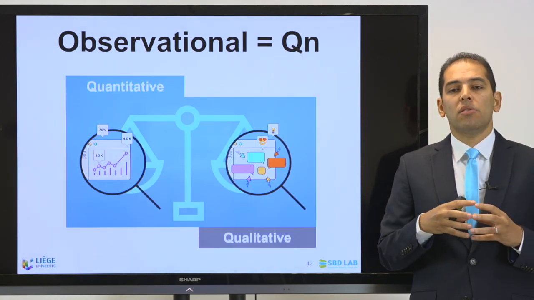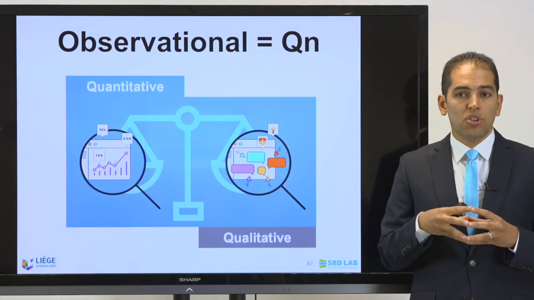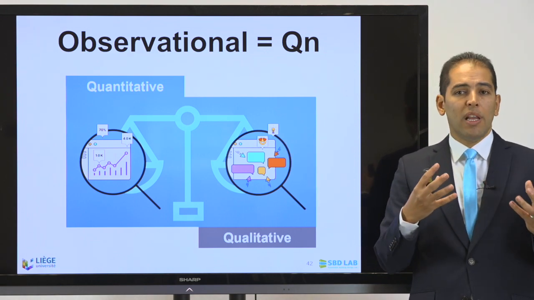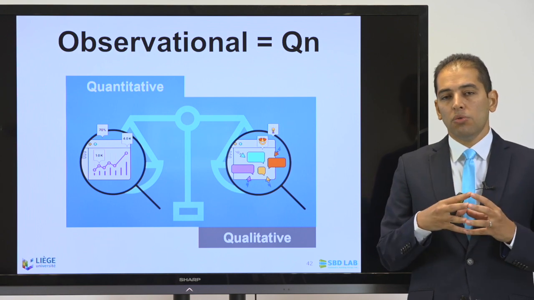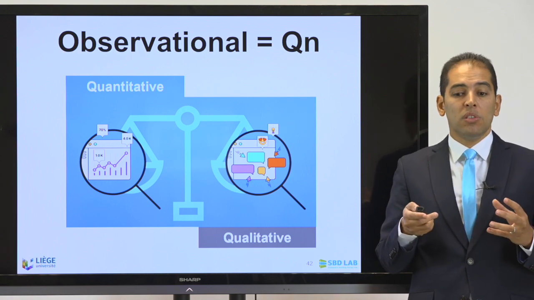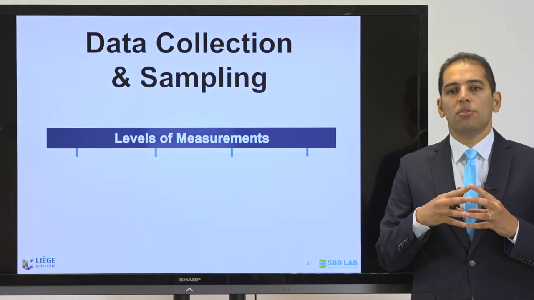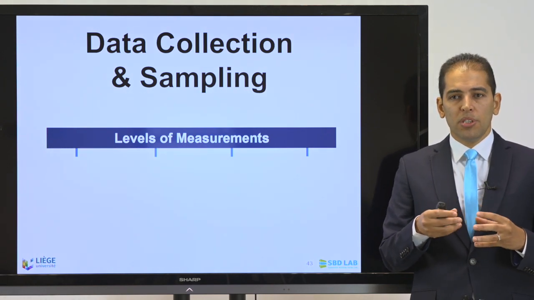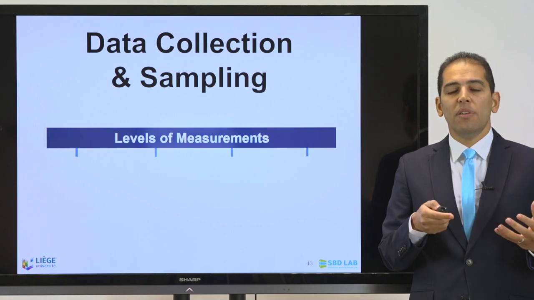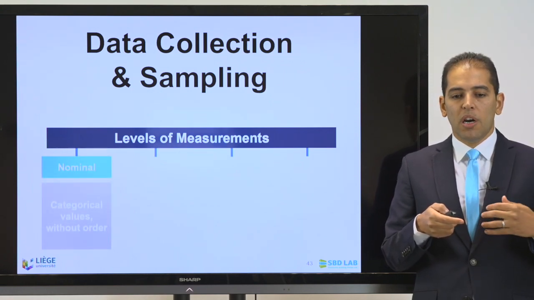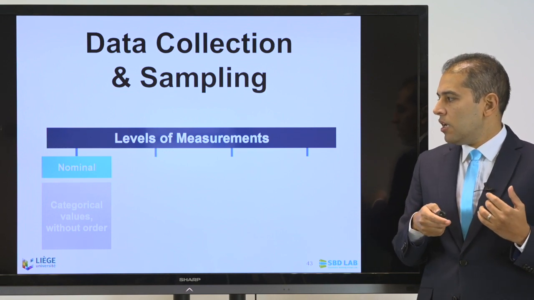And when we talk about research design for observational research, by default we are talking about quantitative data analysis. So we are collecting data and observations in order to handle them and treat them, and they are quantitative by default. But it's very important that when you start your data collection and your sampling process, you define what levels of measurement you will have, what kind of data types you are using. Are you going to use nominal data?